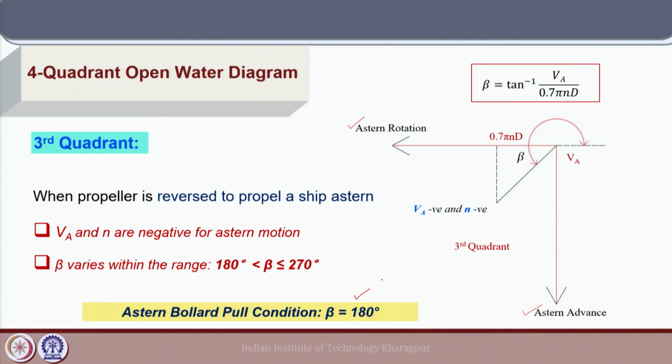This corresponds to the value of beta equal to 180 degrees. That means Va, the velocity of advance, is 0, which is by definition the bollard pull condition, and the RPM N is negative because the propeller produces astern thrust. So, beta equal to 180 degrees corresponds to the astern bollard pull condition in this quadrant, where the velocity of advance is 0 and the propeller produces astern thrust.